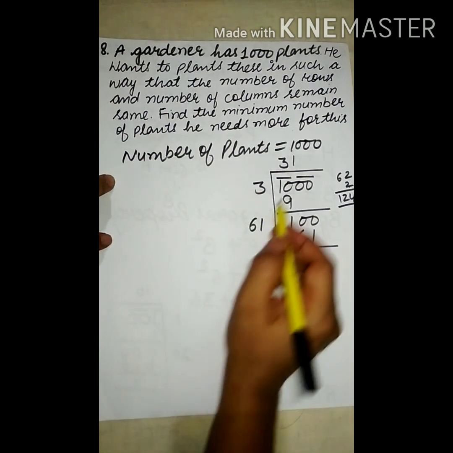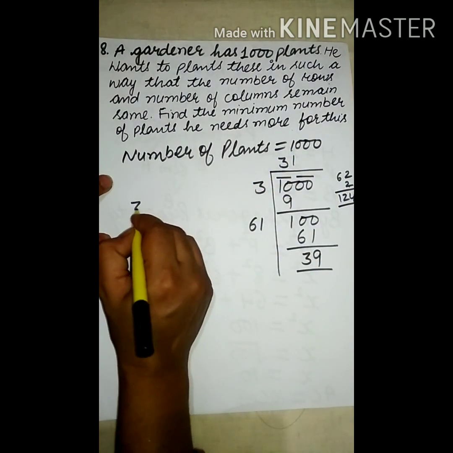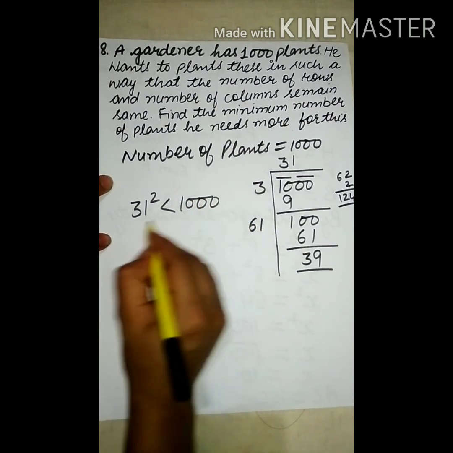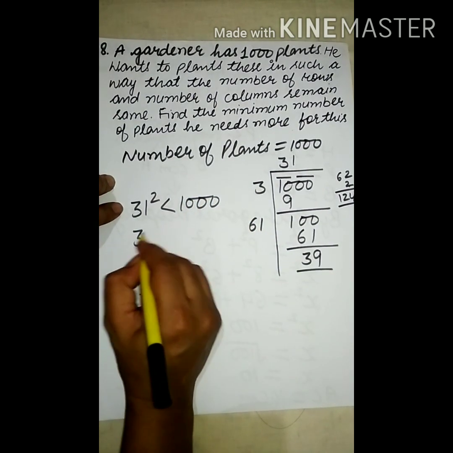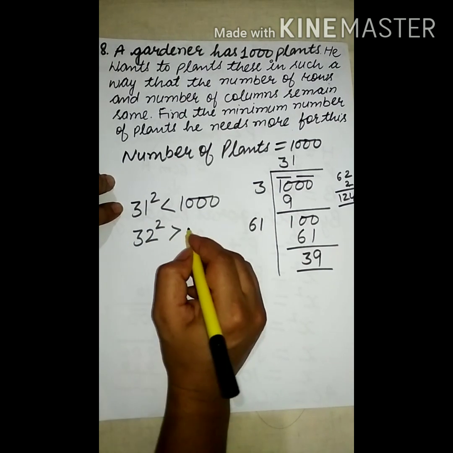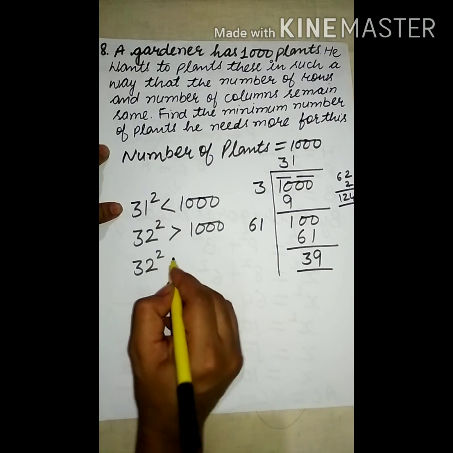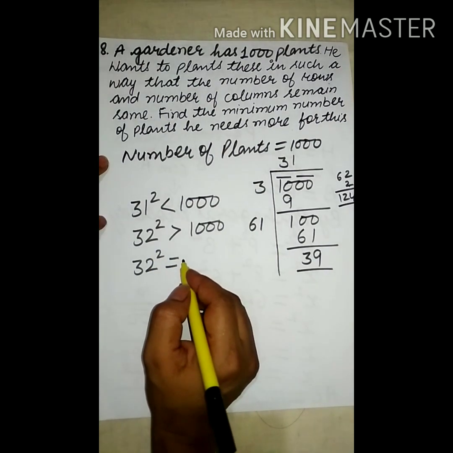So you can see from here the square of 31 is less than 1,000. And the next square number, that is 32, the square of 32 will be greater than 1,000, and the square of 32 is 1,024.